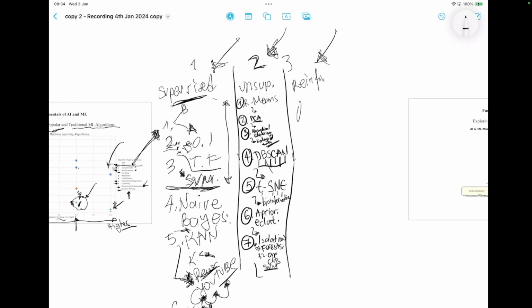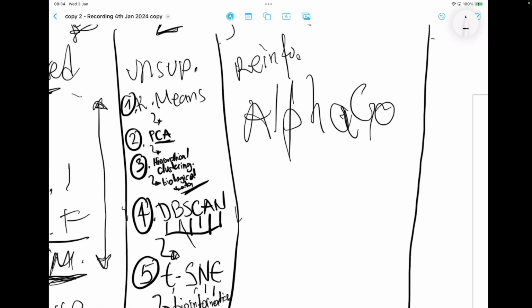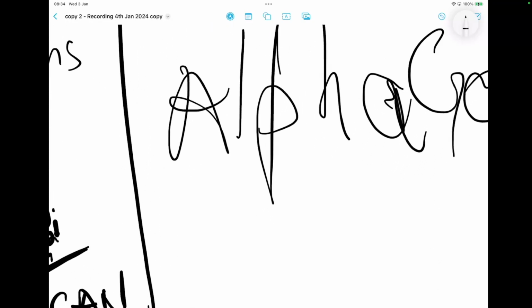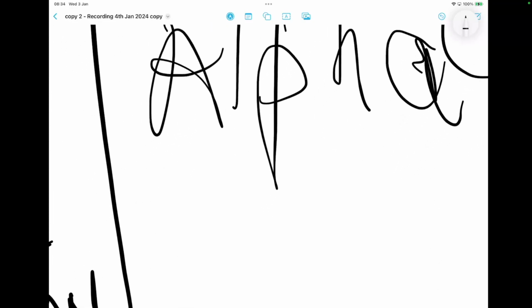So we had AlphaGo. That was one very famous algorithm. But in cybersecurity, these machine learning algorithms are crucial for threat detection, anomaly detection, predictive analytics, these various different applications.